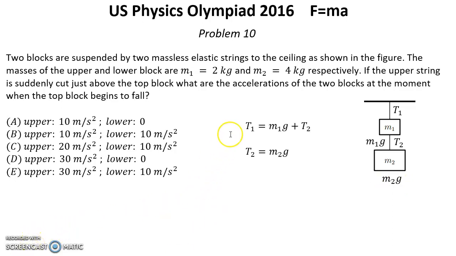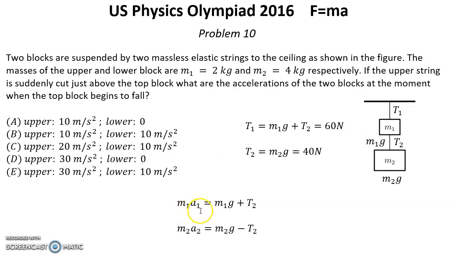We have T1 equals M1g plus T2, and T2 equals M2g, so T1 equals 60 newtons and T2 equals 40 newtons. When we cut the upper string, immediately after that T2 is still 40 newtons, and we have other equations.